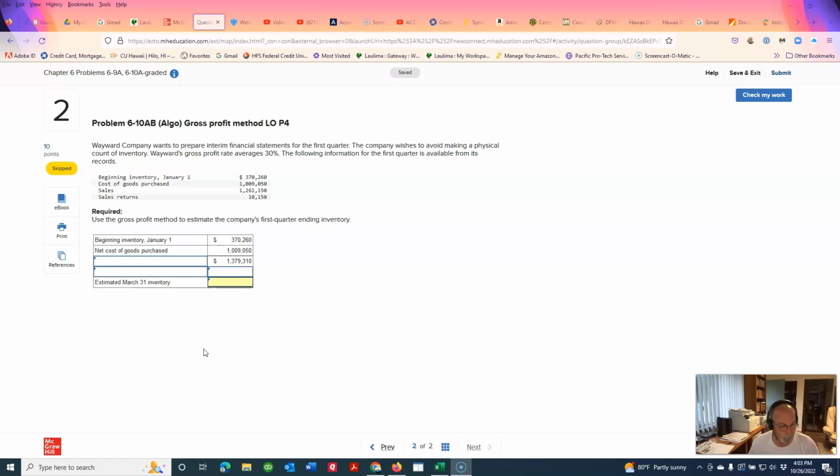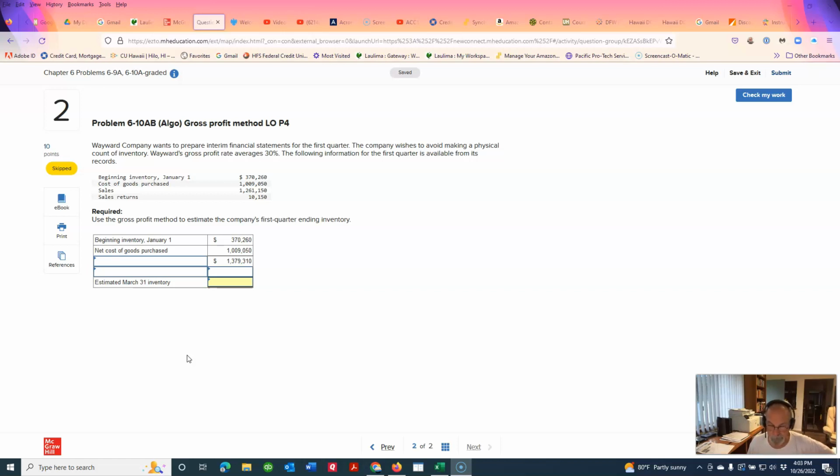Not sure if you recall, the retail method entailed 3 steps, which are outlined in the text on page 236, Appendix 6B. For the gross profit method, which is also in Appendix 6B on page 237, implementing it is a little bit easier than the retail method.